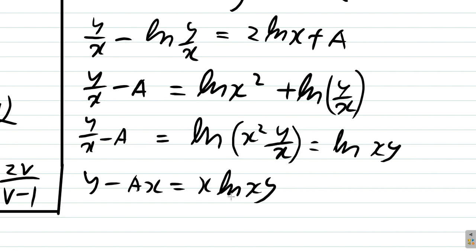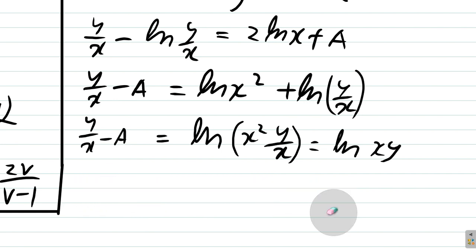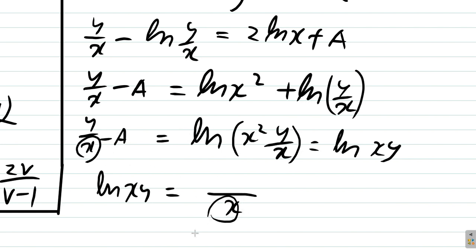Come to think of it, we could do this too. Suppose we have ln xy equal to y over x minus a. If we have the LCM x, x into x goes one time, 1 times y gives you y, minus, 1 into x goes x times, ax.